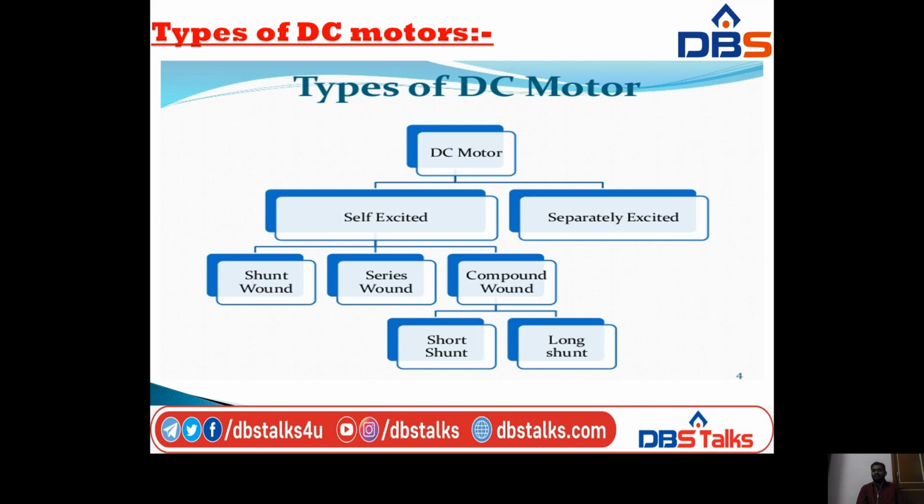In self-excited, we have shunt motor, series motor, and compound motor. In compound motor also we have two types, short shunt compound motor and long shunt compound motor, and we will discuss these types in detail in the coming slides.